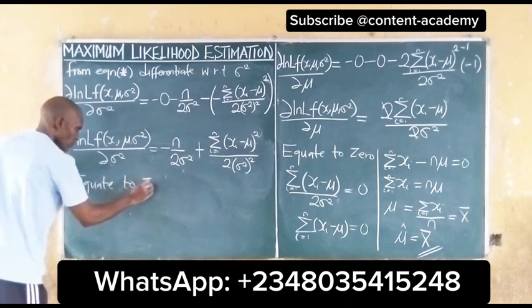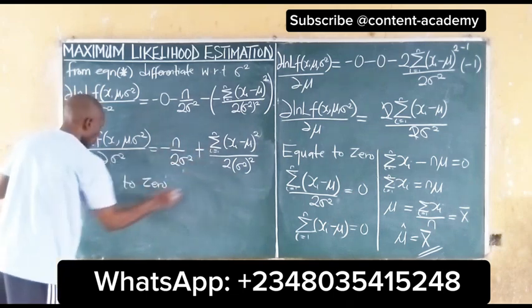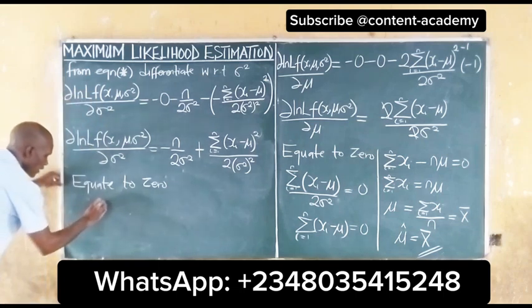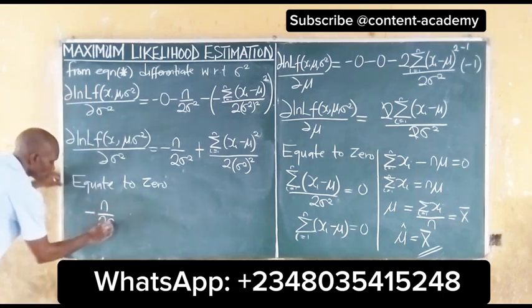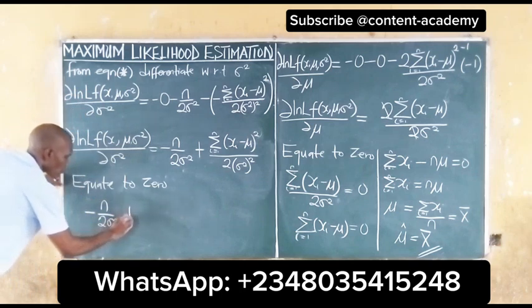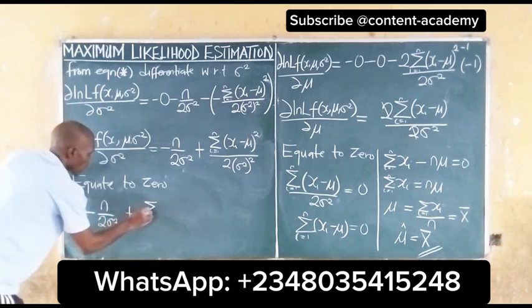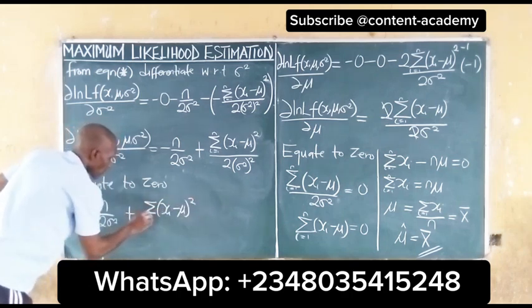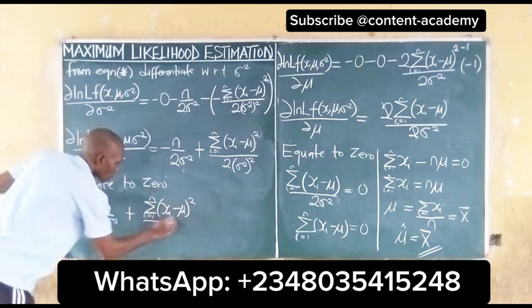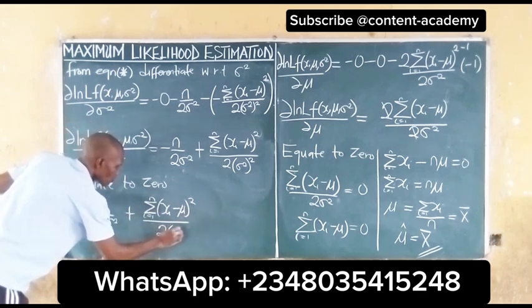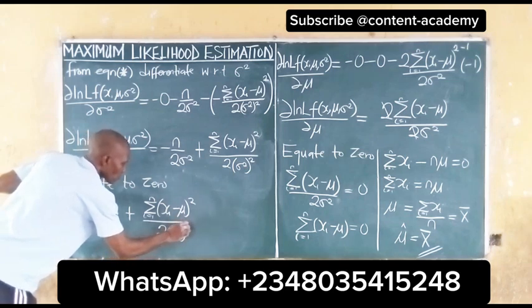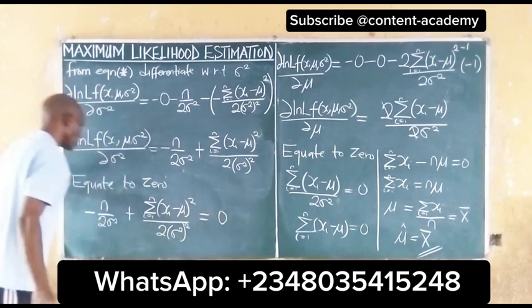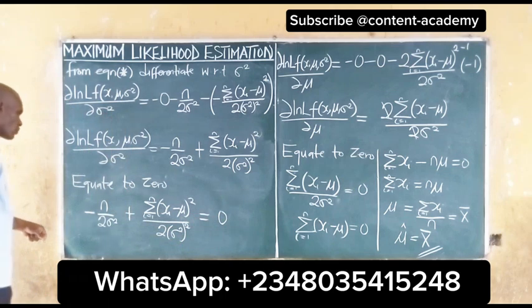We have negative n all over 2 sigma squared plus summation of (xi minus mu) squared, as i running from 1 to n, all over 2 into sigma squared, to be equal to 0.